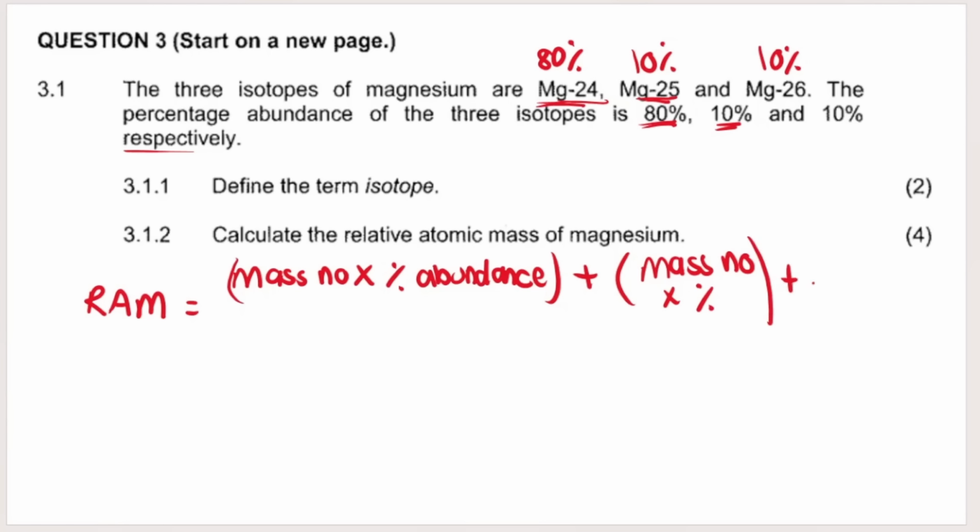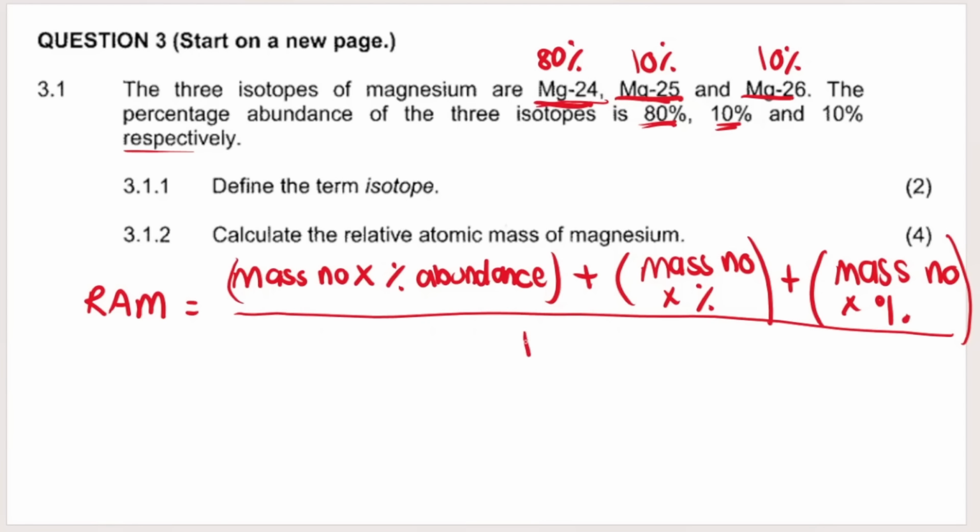And then we say plus. And we take the third mass number times the percentage abundance. Now, why do I have 3 brackets? Because I have 3 isotopes. If I had 4 isotopes, I'd have 4 brackets. If I had 2 isotopes, I'd have 2 brackets. And we divide these all by 100.